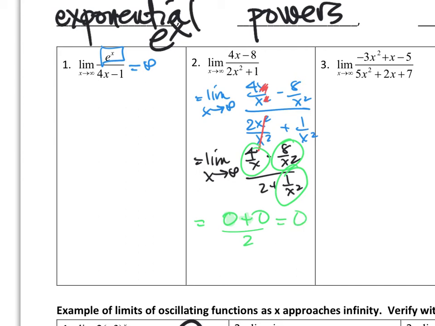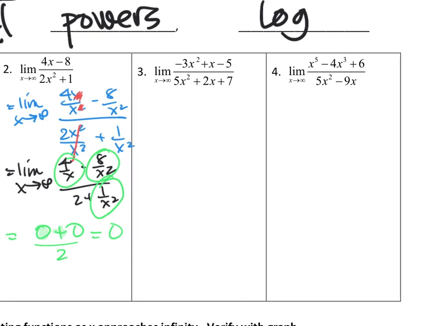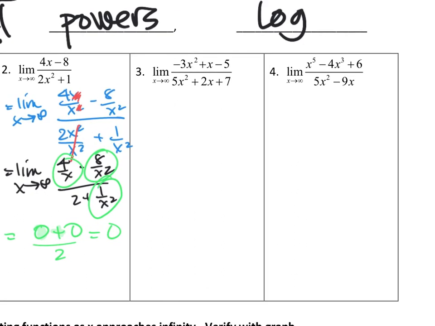So number 3. Again, this is a power one, and these are what we just practiced up above. So what are we doing here? We're dividing by an x squared. So let's go ahead and do that.